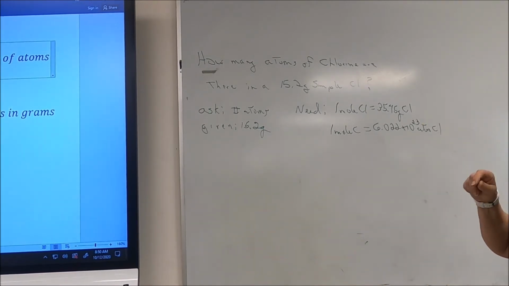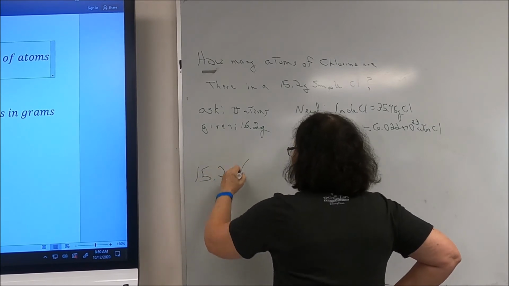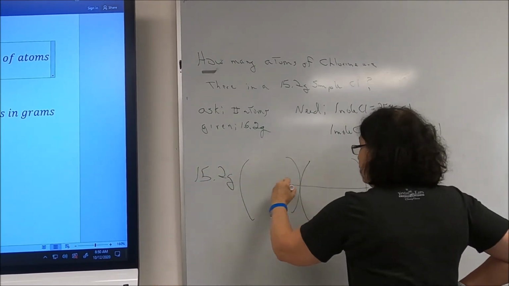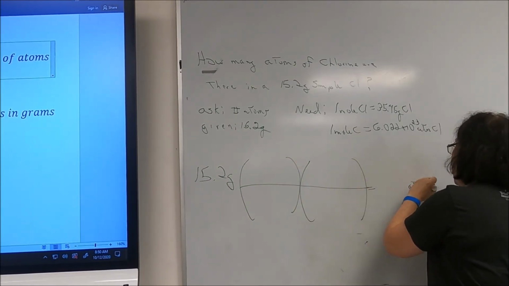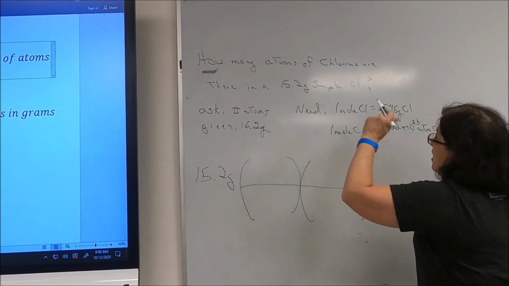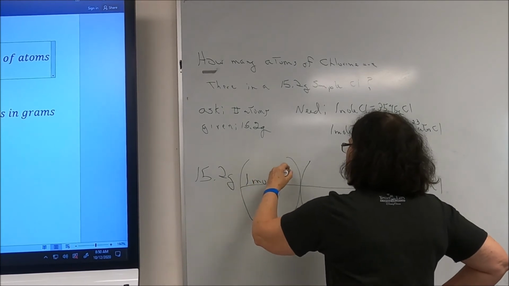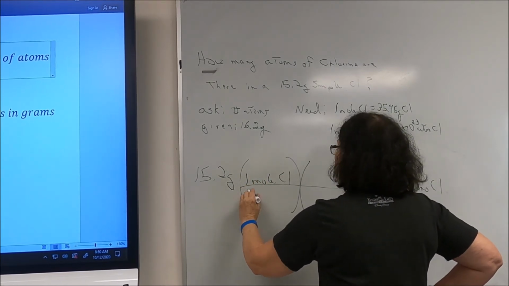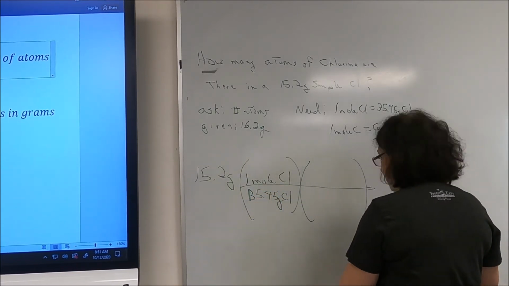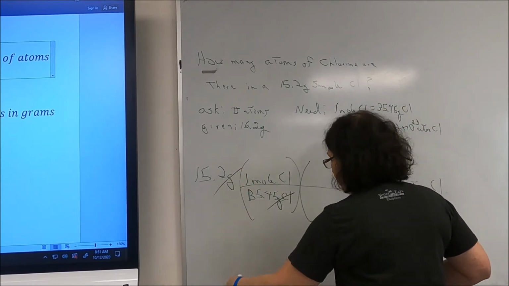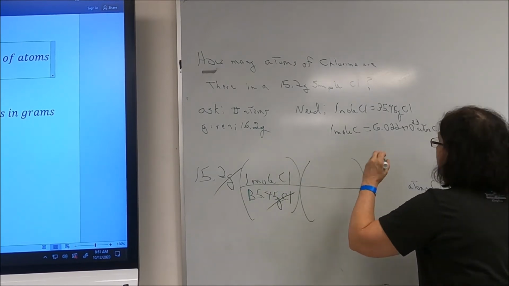Now, this time I'm going to start out with the 15.2 grams. 2 conversion factors later, I'm going to be in atoms of chlorine. So this time, I'm going to go from grams to moles first. So 1 mole of chlorine, 35.45 grams of chlorine. Grams of chlorine and grams of chlorine divide out. And now I want to go from moles to number of atoms.